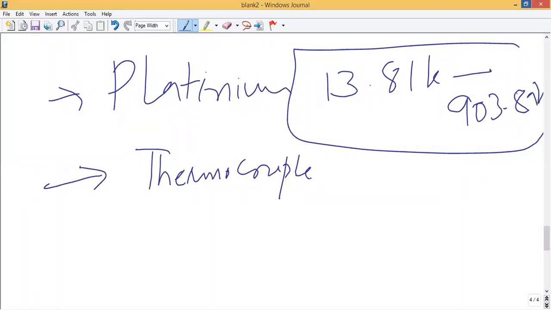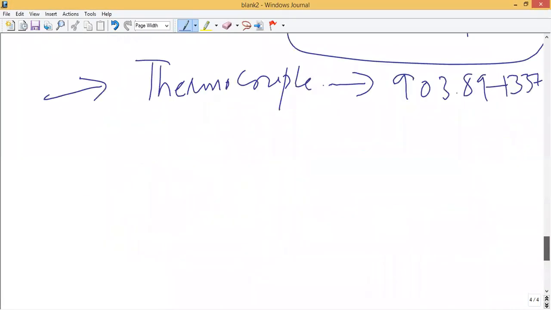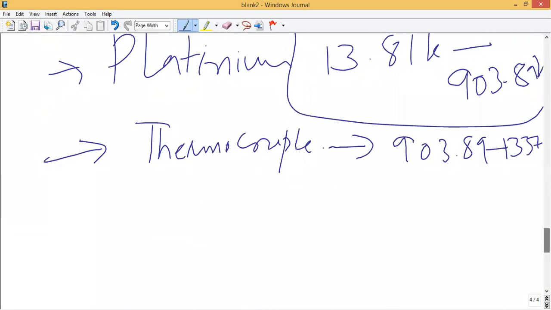Okay, so through thermocouple you can measure the range from 903.89 to 1337.58.